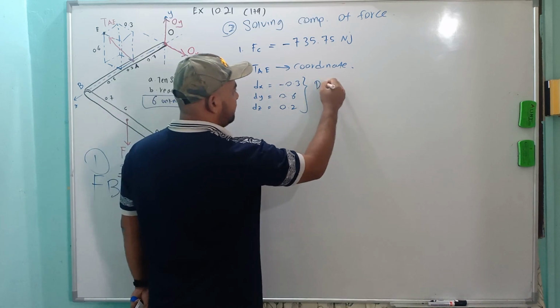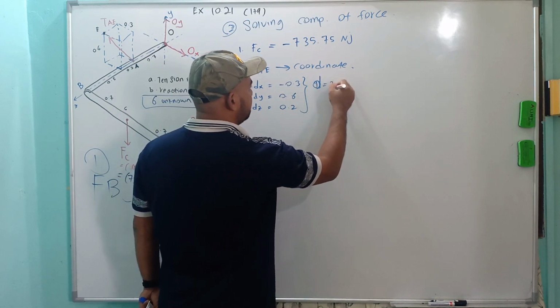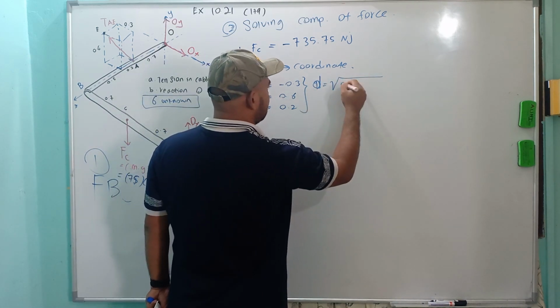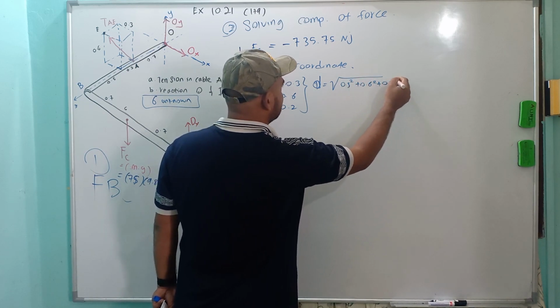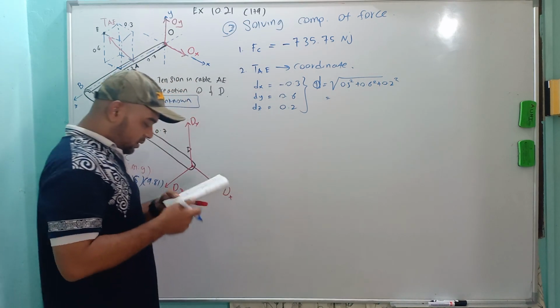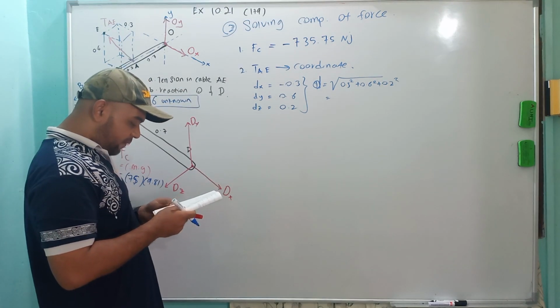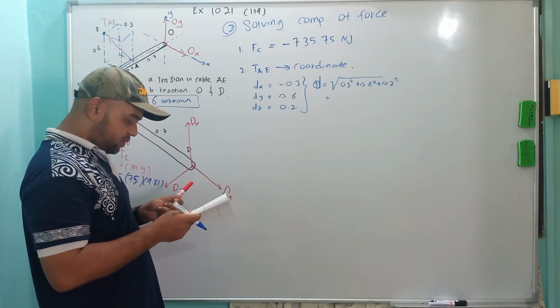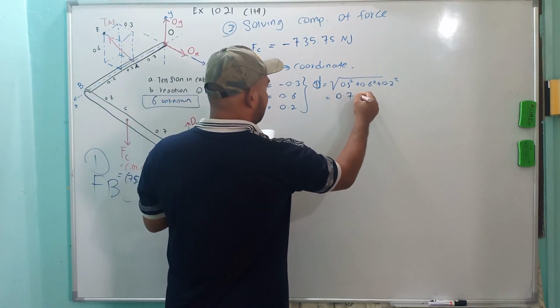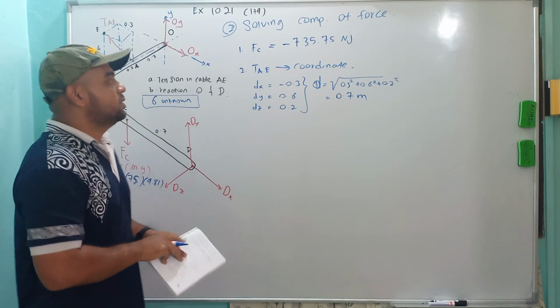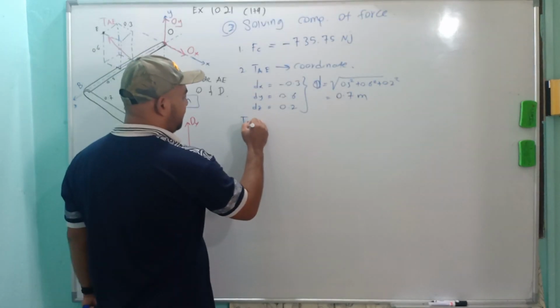From here you calculate d equal to the square root of this one squared plus 0.6 squared plus 0.2 squared. I've calculated that one so that I don't have to spend a lot of time here. So d is 0.7 meter.